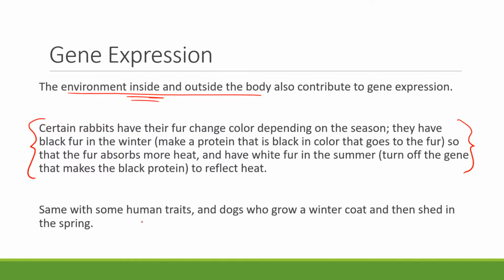For a lot of the human traits that respond to the outside environment, I feel like we've got control over a lot of those because our environment doesn't change a whole lot. Whether it's summer or winter, we are in insulated, warm places.